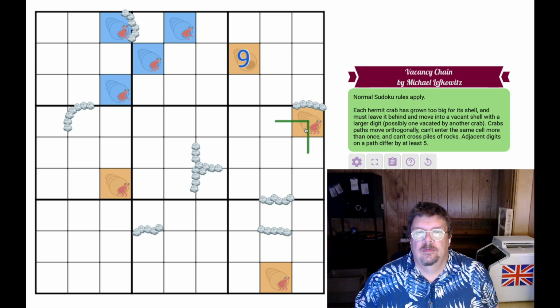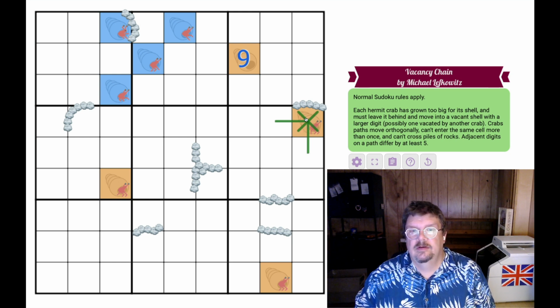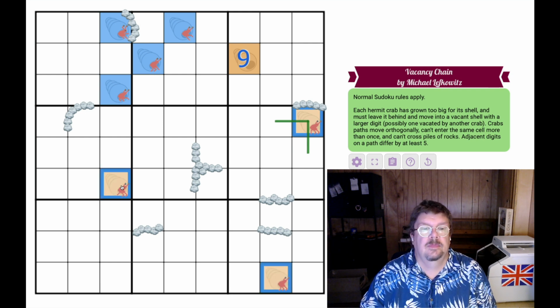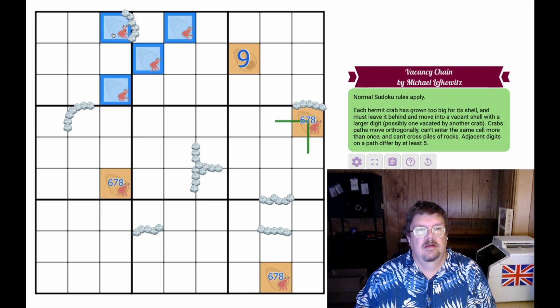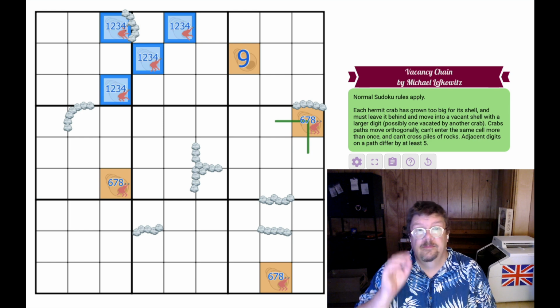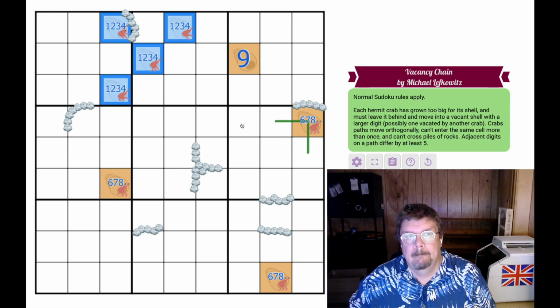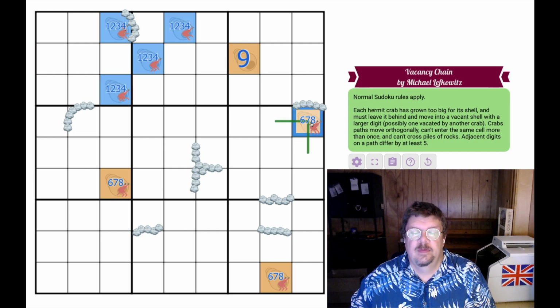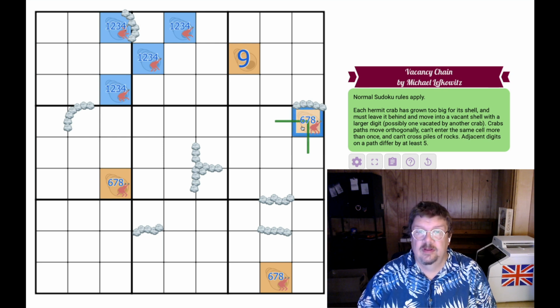So, first of all, actually, that's 2, 3, 6, 7, and 8. So we know that they're 6, 7, and 8. And these are 1, 2, 3, and 4. Okay, because we know this is in the middle of the line, it has to go that way. Now, if this was 6, both of these would be 1s, and so that's not possible. So that's not a 6.